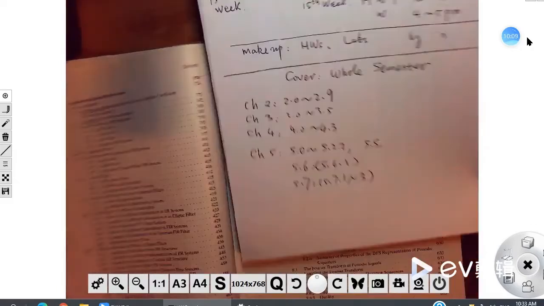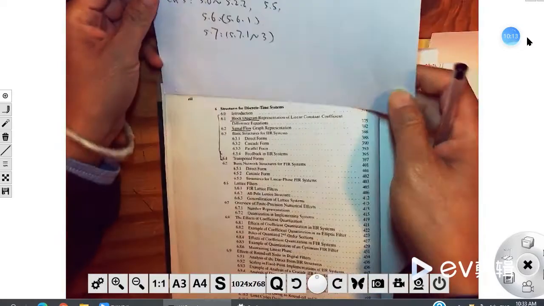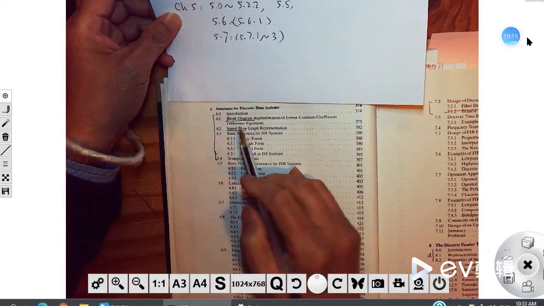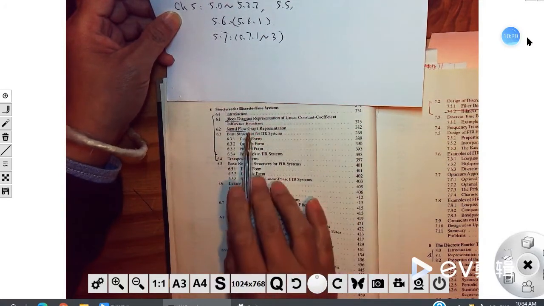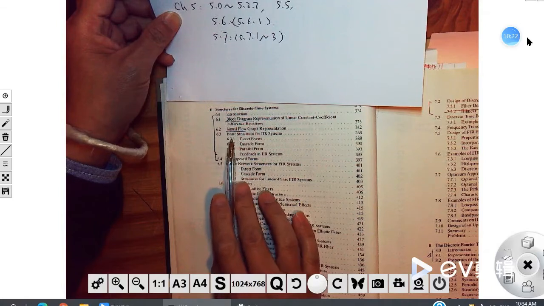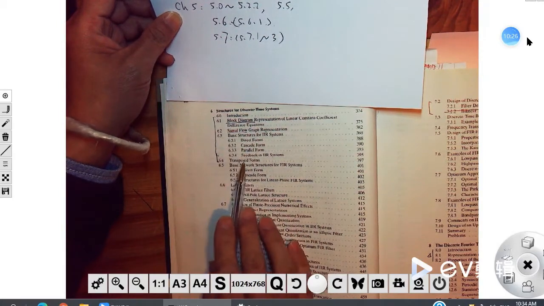Then chapter 6 is the structure. We discussed some basic things: block diagram, signal flow graph, different ways to give the structure, the direct forms, and the transpose form.